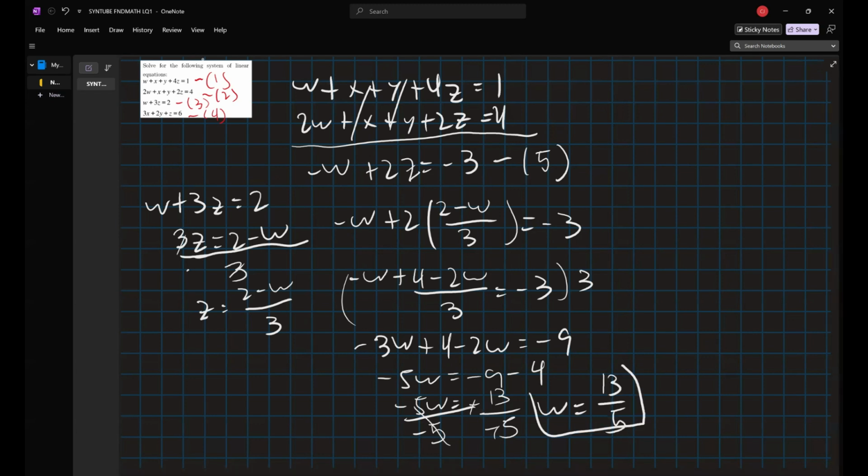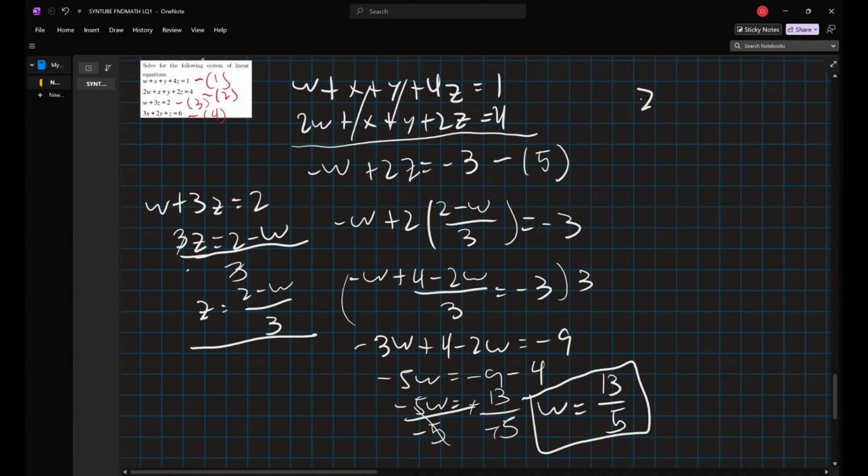Now we have our first value, which is w, and it's 13 over 5. Now we can substitute this value of w into our equation for z so that we can solve for z, right? So we'll have z equals (2 minus 13 over 5) over 3.